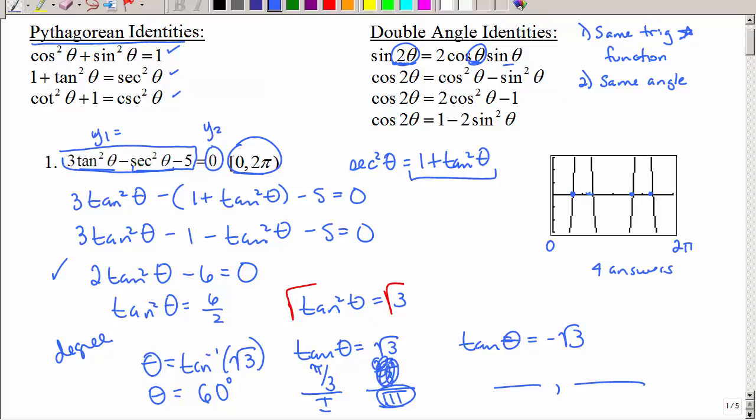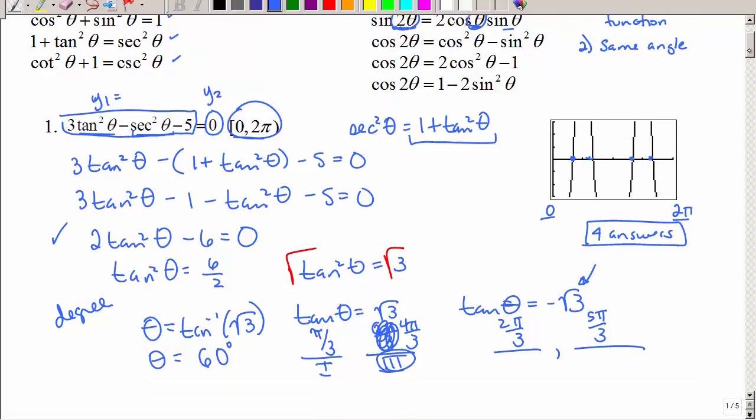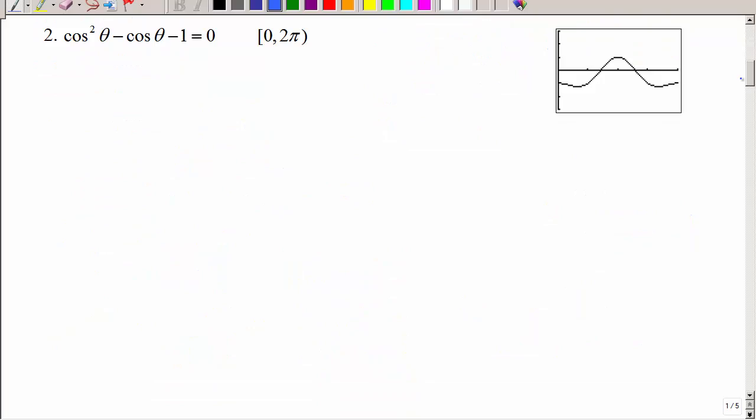Actually, that's not in quadrant 3. 4 pi over 3 is in quadrant 3. Where is it negative? This is quadrant 2. That's quadrant 4. It doesn't really matter what order you put the answers as long as all of them are there. And so yes, we have 4 answers, and they're each between 0 and 2 pi, and they're expressed in radians.